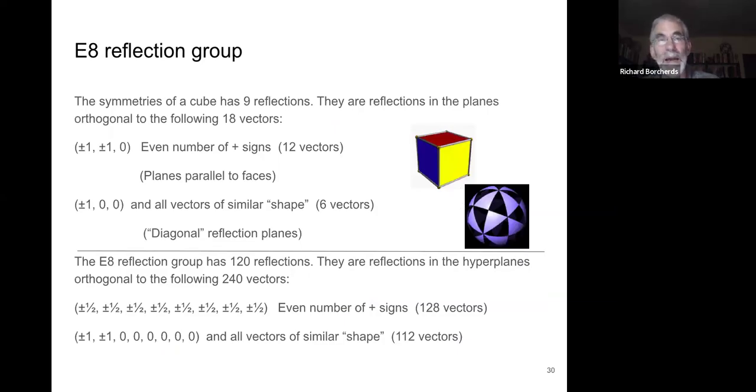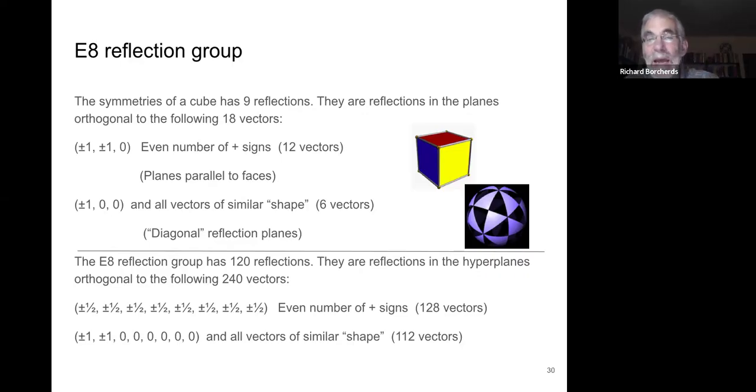And the E8 lattice has a rather big reflection group. If you look at the symmetry group of a cube in 3 dimensions, it's got 9 reflections, which correspond to reflections orthogonal to the following 18 vectors on the top of the slide.